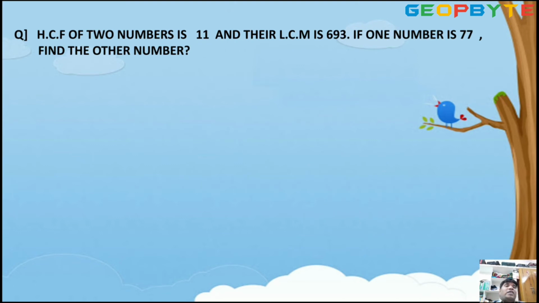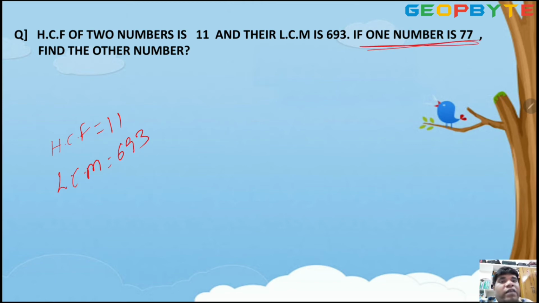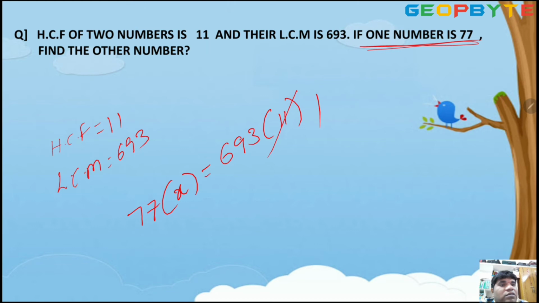The HCF of two numbers is 11 and their LCM is 693. If one number is 77, what is the other number? So 77 into another number we don't know, equals LCM 693 into HCF 11. 11 ones are 11, 11 sevens are 77, 7 9s are 63, again 7 9s are 63, again 6 nines.